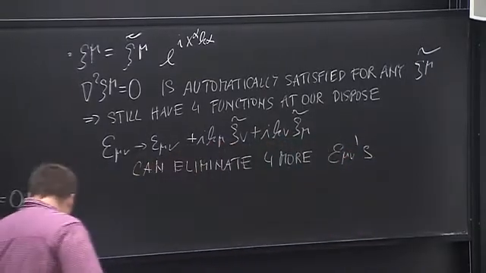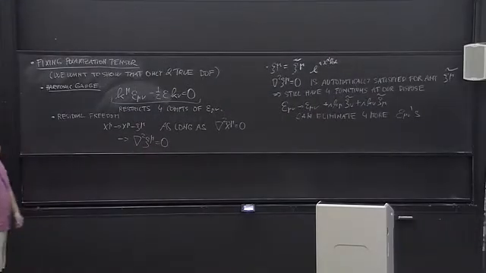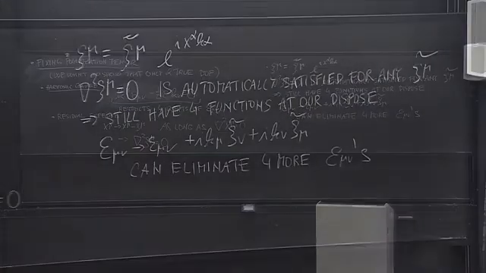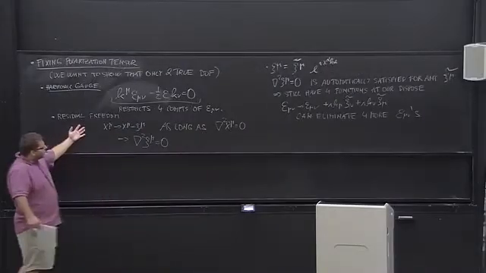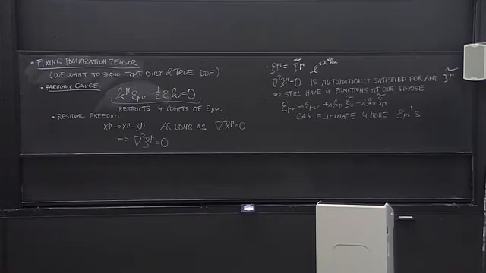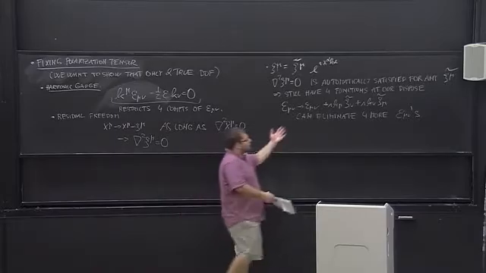Okay, so that's the statement: if you are using this Lorentz-like gauge, that immediately fixes 4 components of ε_{μν}, but there is still this residual freedom, and that allows you to fix another 4. But I would say that this is slightly counterintuitive. It's true, but it's not so obvious, at least.